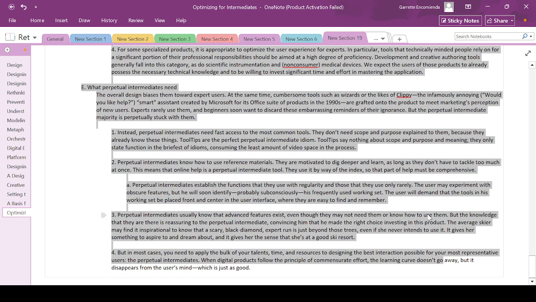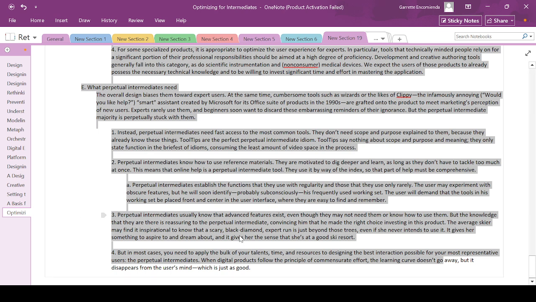You may think they are aware, but they aren't. It's just the way our psychology or cognitive principle works. The user will demand that the tools in his working set be placed front and center in the user interface, where they are easy to find and remember, to avoid cognitive load and to maximize those finite cognitive energy and time.